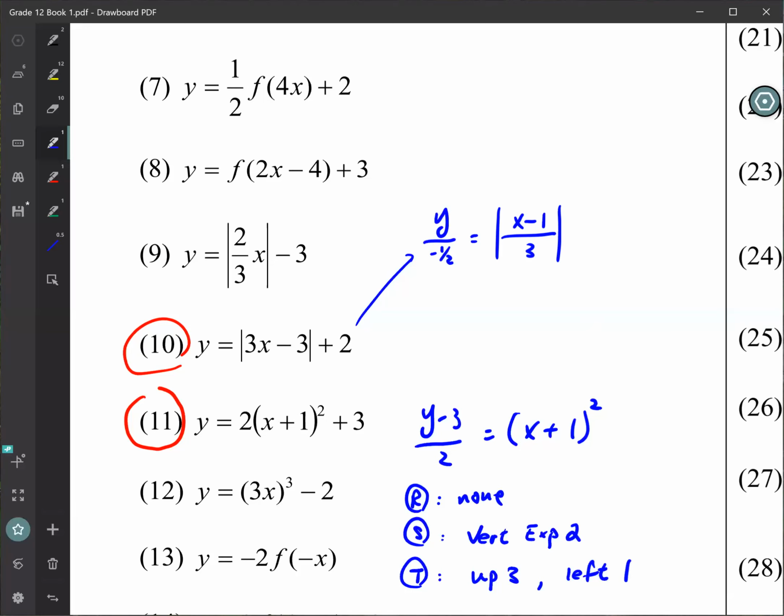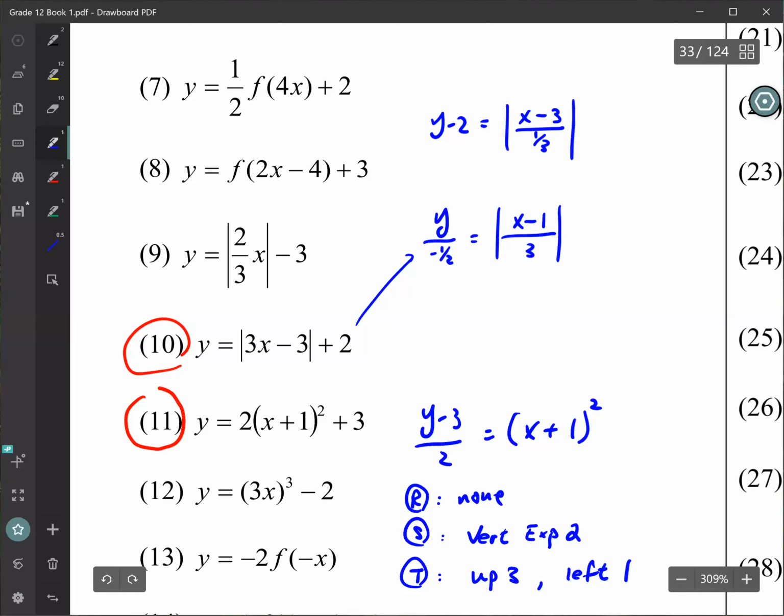Anyone has different things? I got a different answer. Okay, Kelly, what do you have? I have y minus 2 equals absolute value of x minus 3 over 1 over 3. Like this? Yeah. Okay. Anyone else? Thank you.